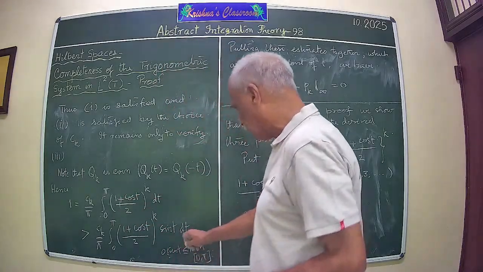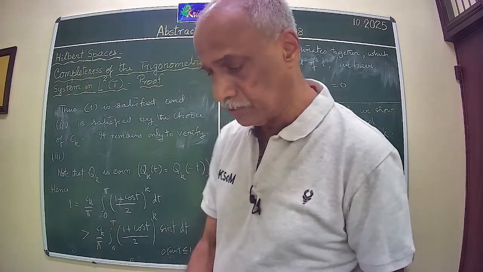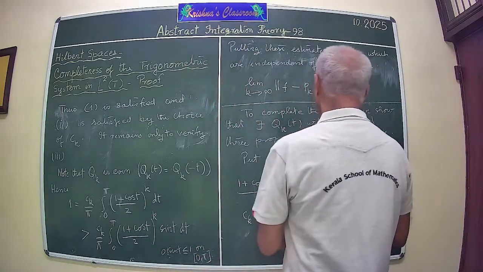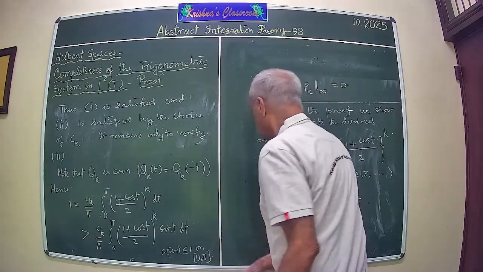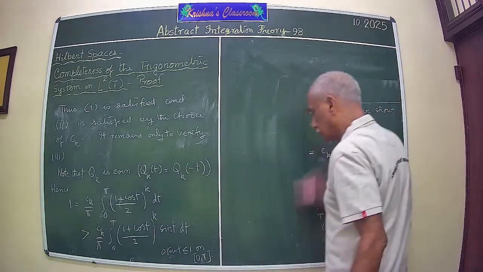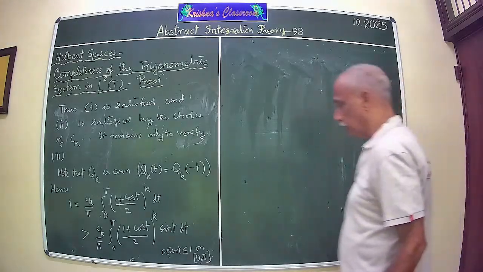Now it is easy to integrate this because this is d of cos t. So you make use of that. Take advantage of that.